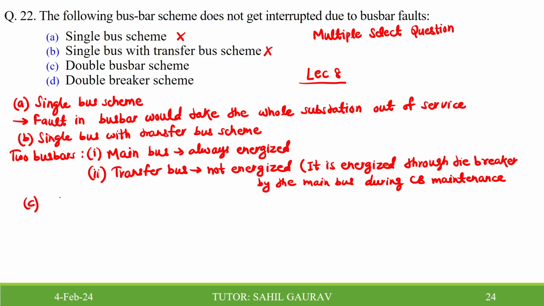So option C is the double bus bar scheme. It has two bus bars, and both are always energized and connected by a tie breaker.